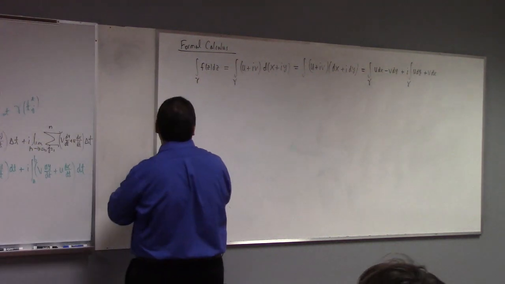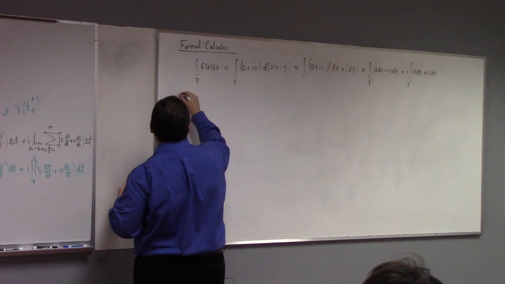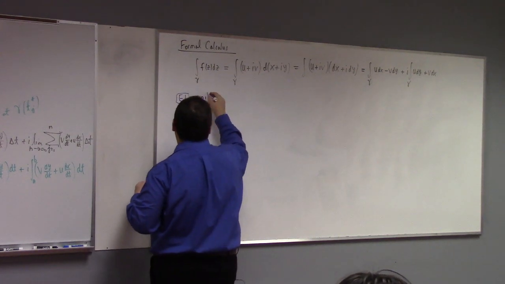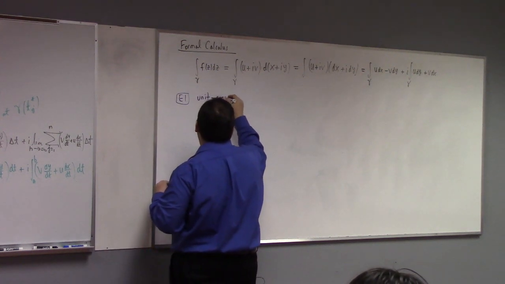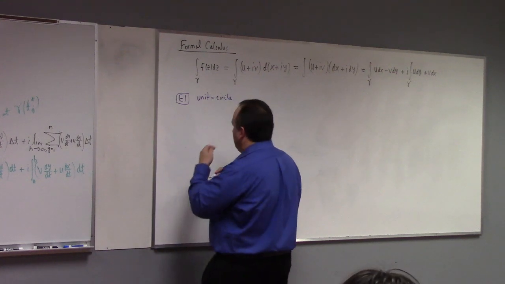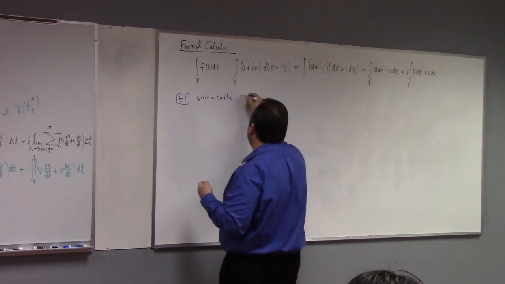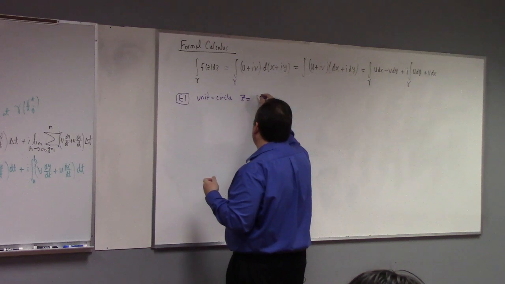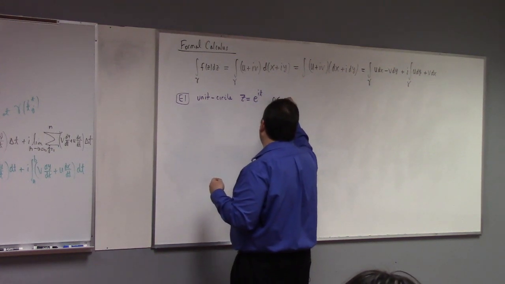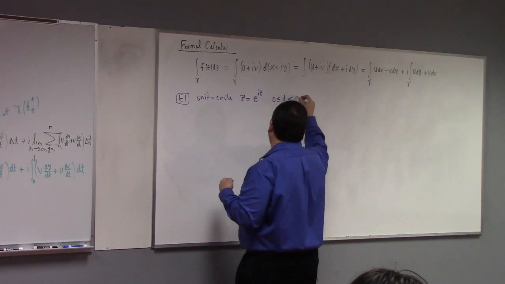So for example, the unit circle, right? We have z equals e to the it, 0 less than or equal to t less than or equal to 2 pi, right?